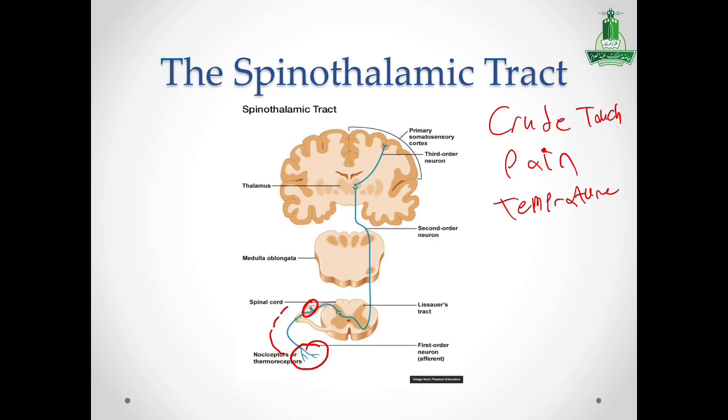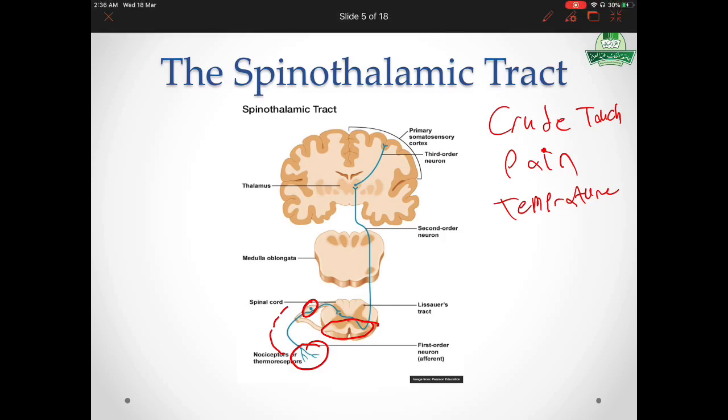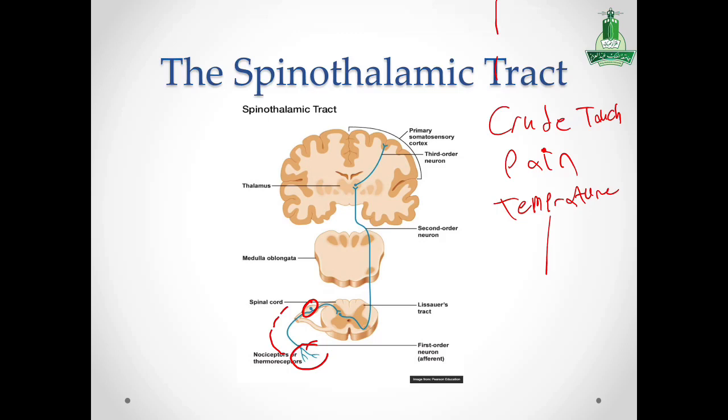Then, as you see, at the level of the spinal cord, this here is the spinal cord, it decussates. You see that it decussates at the level of the spinal cord, and from there it goes to the Lissauer's tract. The Lissauer tract, I like to call it the elevator.